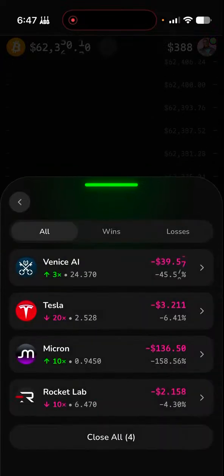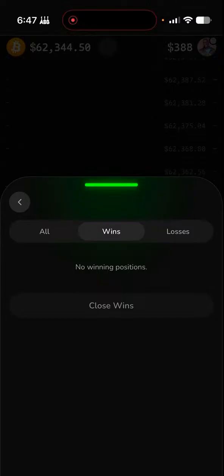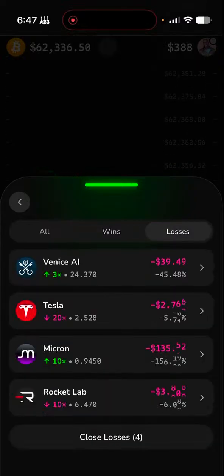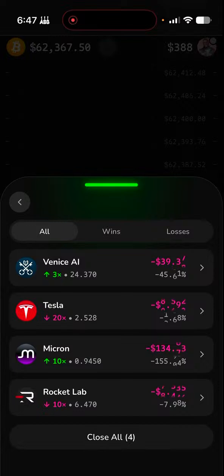And then you've also got your positions again. So you can see all of your positions. You can see the positions that you're winning in. I'm obviously not winning in any of them. You can see the positions that you're losing in, which for me is all of them. And then you can close in batch all of your positions and basically zero yourself out.